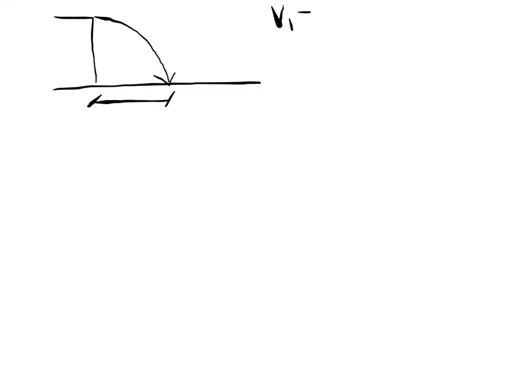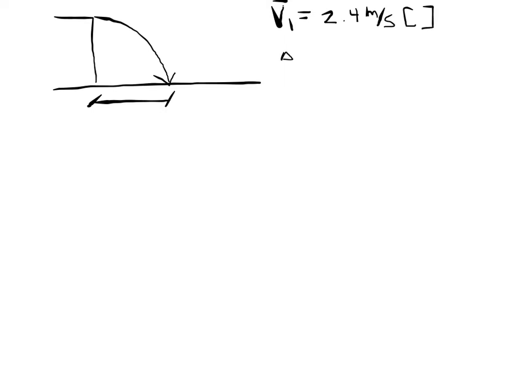The second part of the question asks us to find the horizontal distance from the edge of the table to the ball's landing location. And so here's our table. Here's the path of the ball. We need to find this distance here. We know that horizontally the v1 is equal to 2.4 meters per second in the direction that we're going.